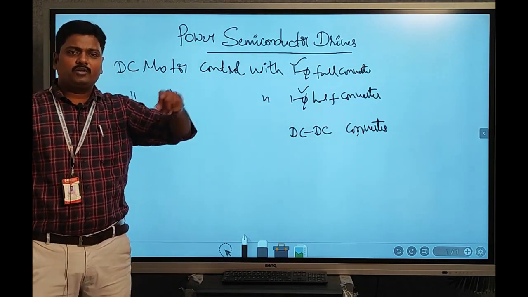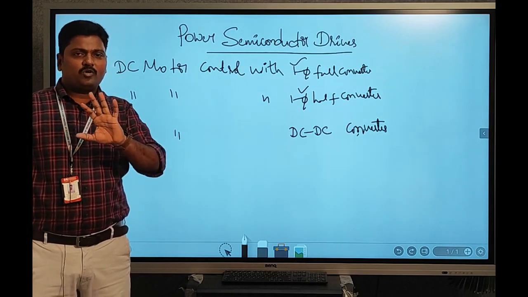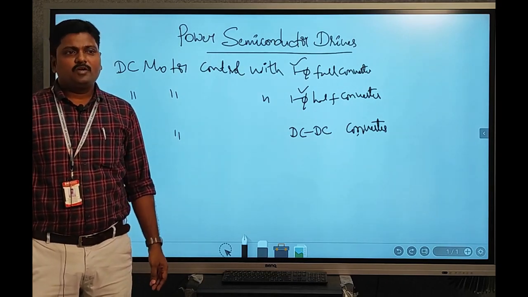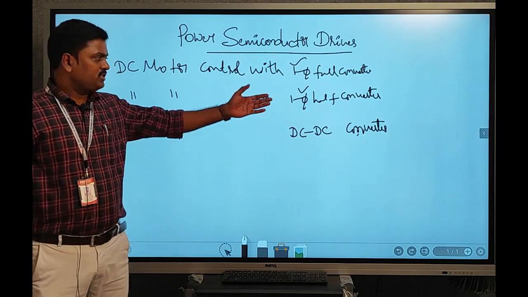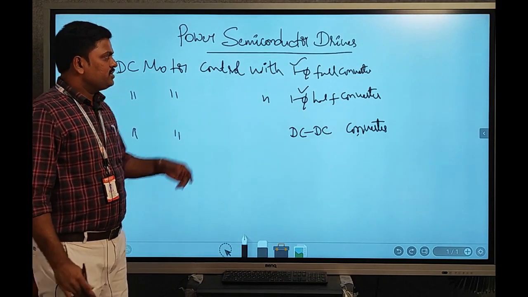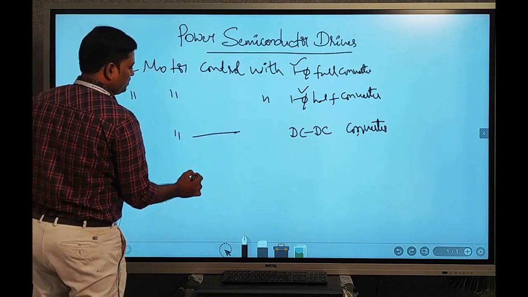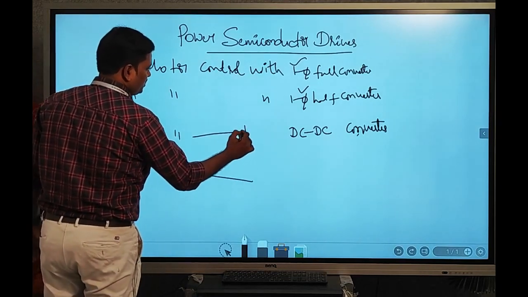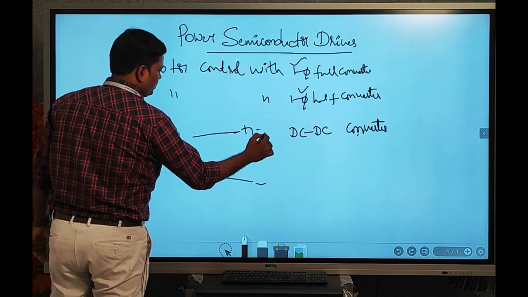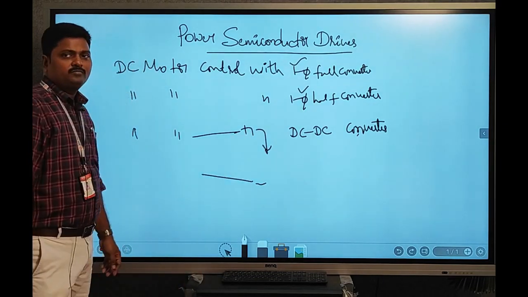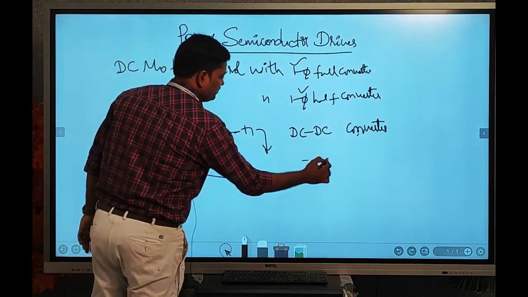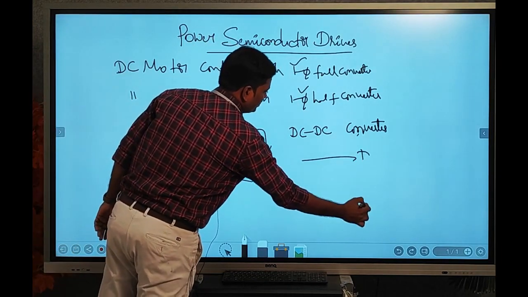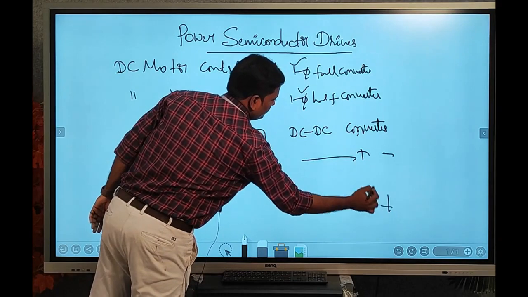A semi-converter can give you only one polarity of voltage and one direction of current. I mean to say, voltage cannot be reversed if you operate the firing angle of the semi-converter. Whereas in the case of a full converter, the polarity of voltage can be reversed, but not the direction of current.